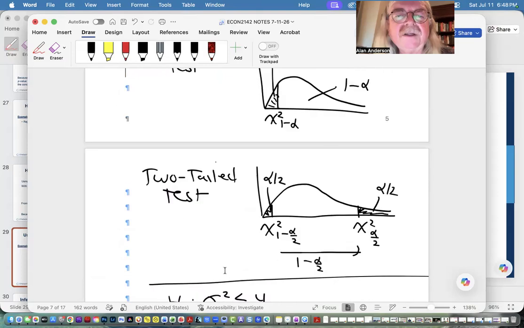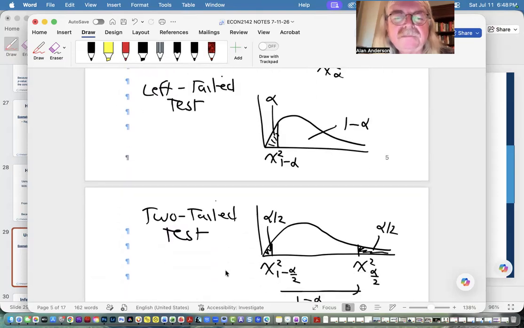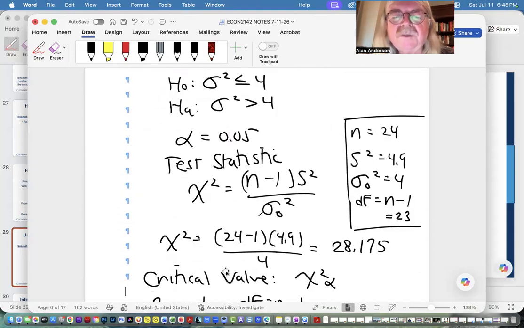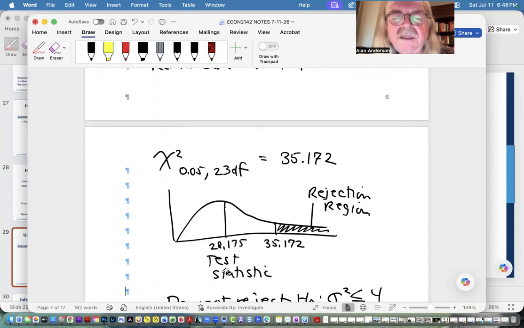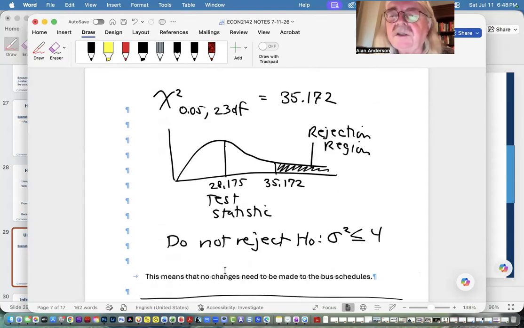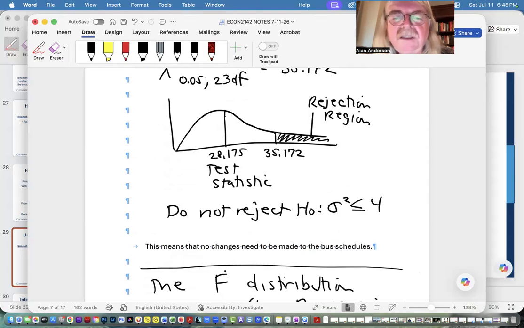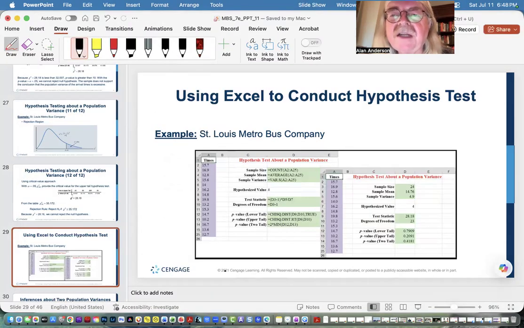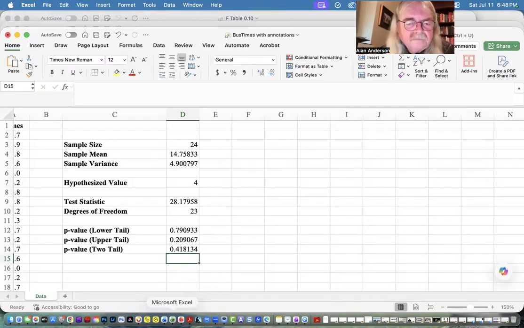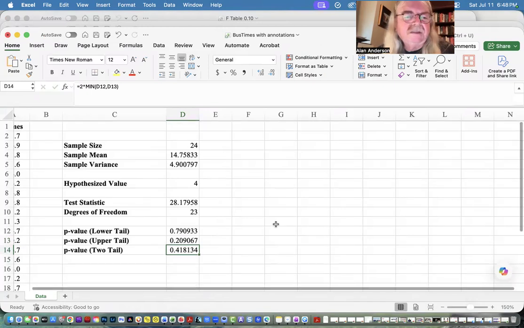All right, here it is right here. This is the St. Louis Bus Company. So we did not reject the null. There was nothing wrong with their scheduling. And you can see this confirms it because now we have p-values to look at right there. That's way too high to reject the null.